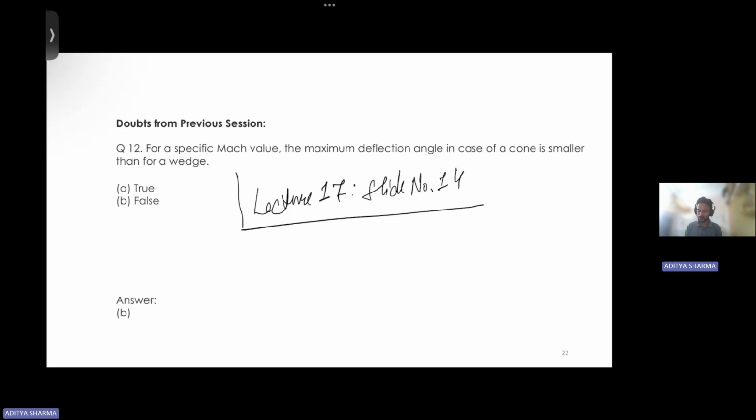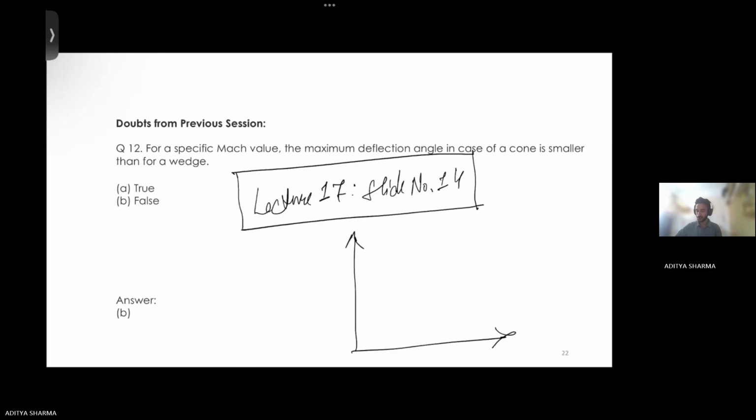From there, it will be clear that the answer to this question is B. There they are giving theta and here they are giving Mach, theta max, I believe, something like this.